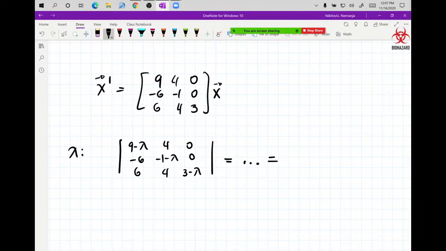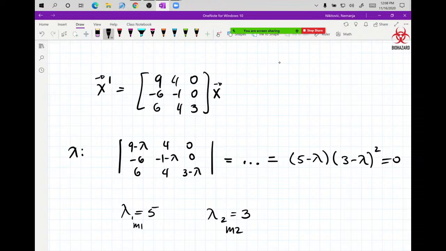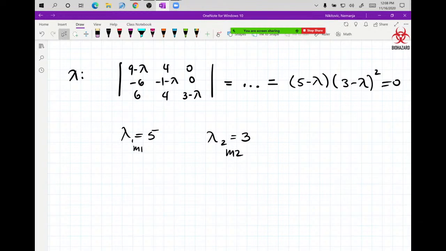Insert work here, which is the work from before 5.2, and you know the work. Find the determinant, and you get something like 5 minus lambda times 3 minus lambda squared, which gives you the multiplicity of the root. So lambda 1 is equal to 5, we call that multiplicity 1, and lambda 2 is equal to 3 with multiplicity 2. Multiplicity means how many of the same root you have.